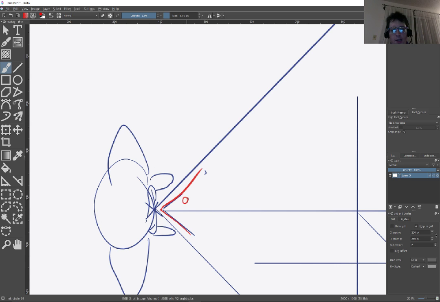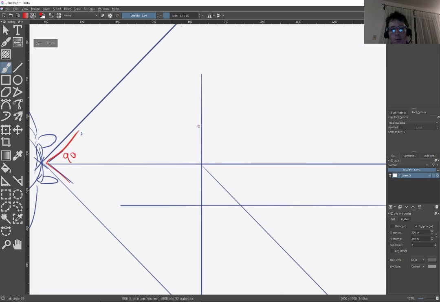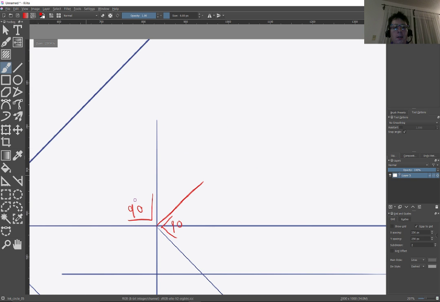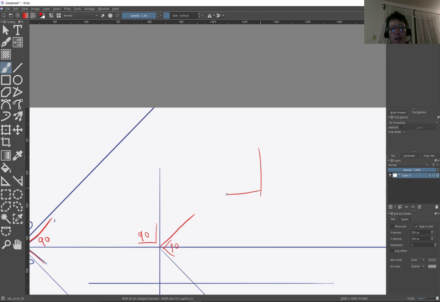So that angle is 90 degrees, in the same way that this one is, or this. And to get from this square to this one, what do you do? You rotate it 45 degrees.